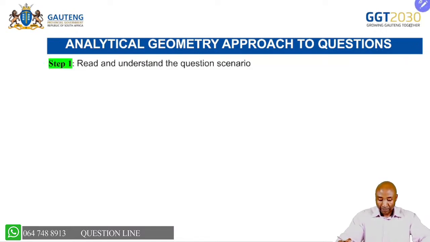Now, step 1, please read and understand the question scenario. There's always a story before the diagram when we are dealing with analytical geometry problems. And remember, add information to your diagram as well if it is not given.